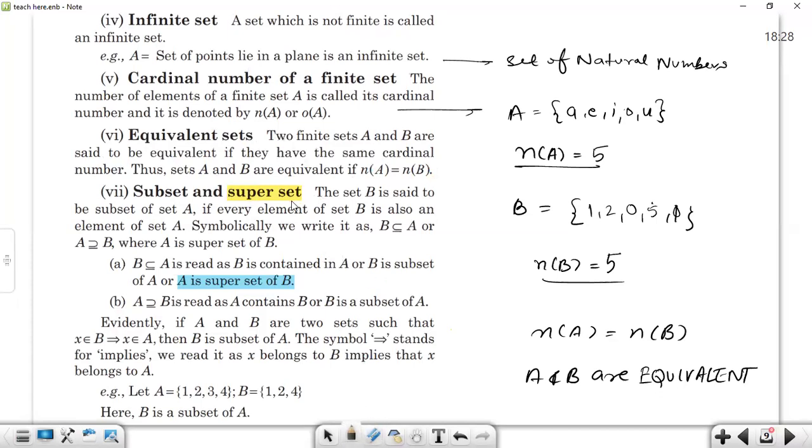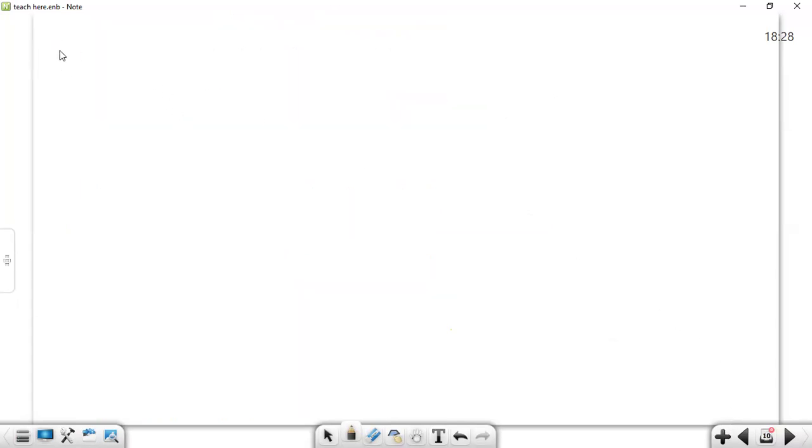Now let's discuss subset and superset. First, take an example.